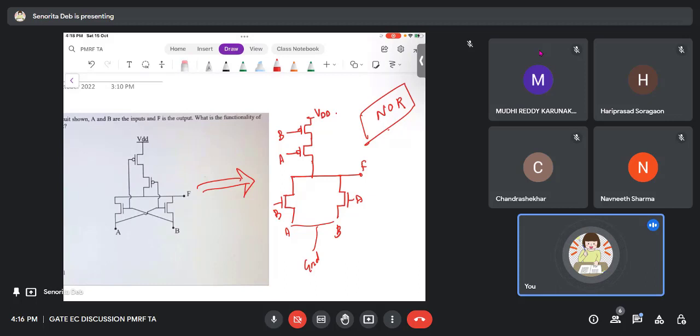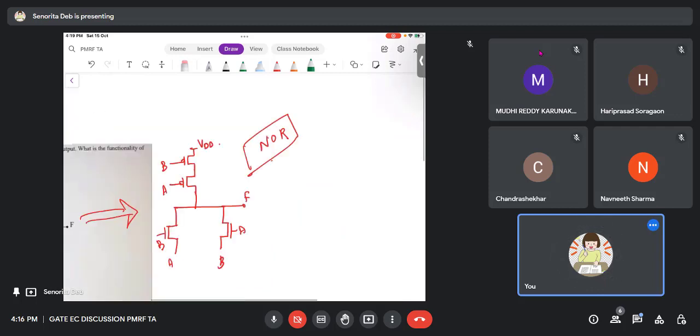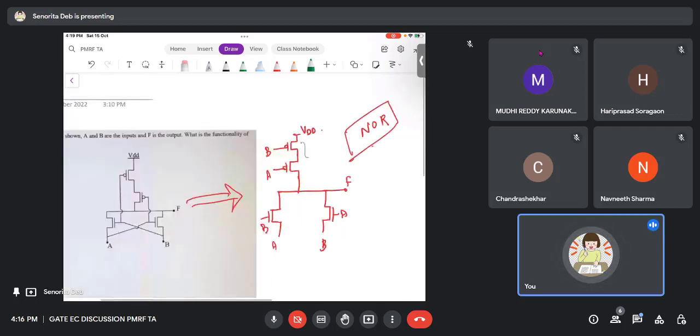Here you have A and B connected. If you carefully see the diagram, I have just redrawn it. The bottom transistors are working as pass transistors. They are just passing the logic. From the symbol you will know these two are PMOS and these are NMOS.